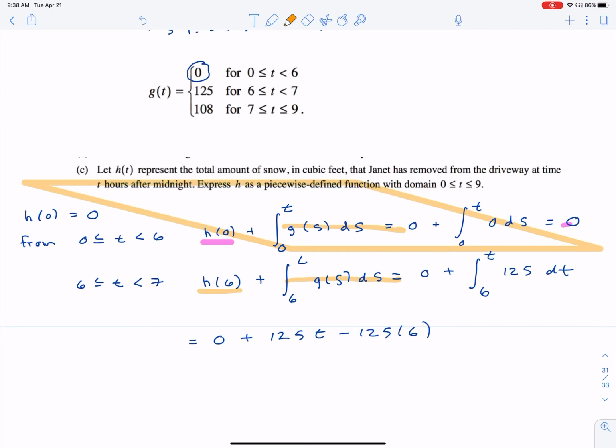Now, what we're going to do, let me start erasing a couple things here. So we took the amount of snow that she removed, h of 6, which was 0, and we added to it the displacement from any time from 6 to 7, right? But in this case, we're saying 6 to t because t can be any time from 6 to 7. And this is what we got.